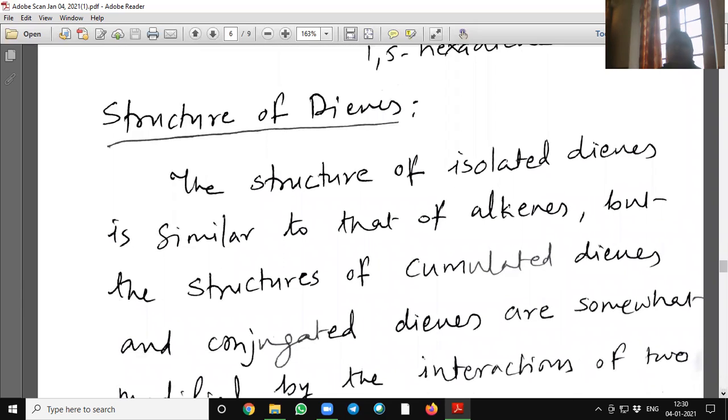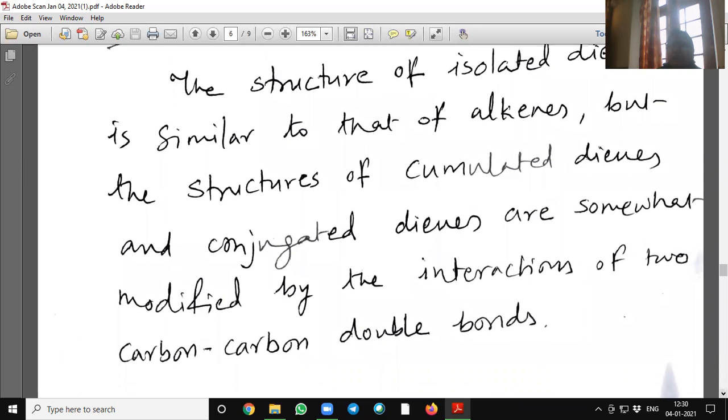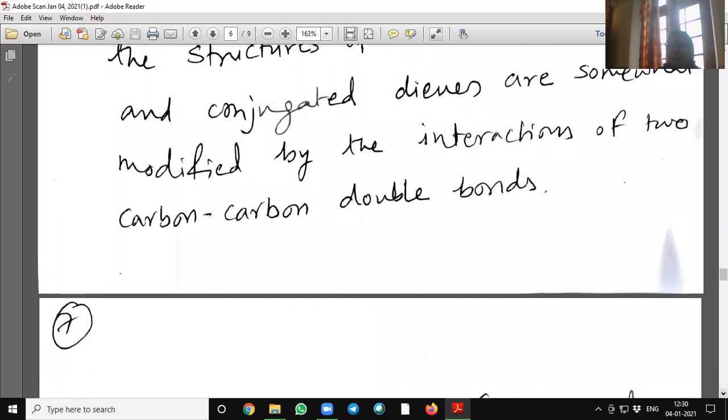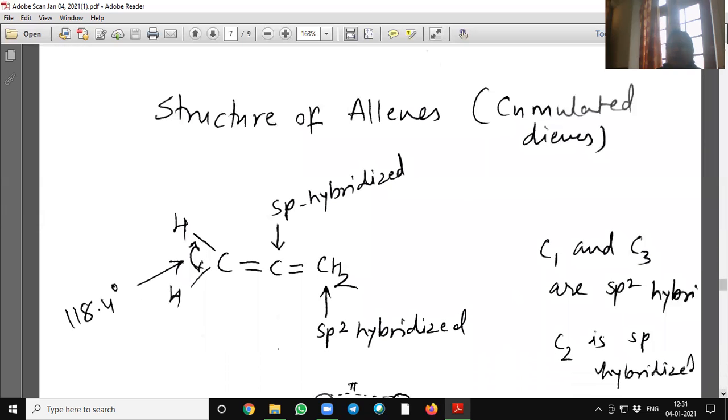Structures of dienes. The structures of isolated dienes are similar to those of alkenes, but the structures of cumulated dienes and conjugated dienes are somewhat modified by the interaction of two carbon-carbon double bonds. Structure of allenes, cumulated dienes. C1 and C3 carbons are sp2 hybridized, whereas C2 carbon is sp hybridized.